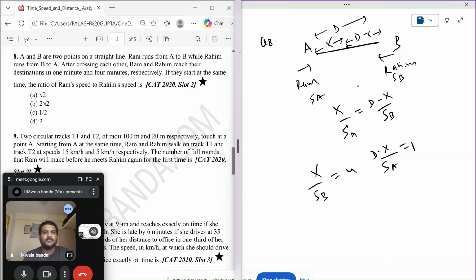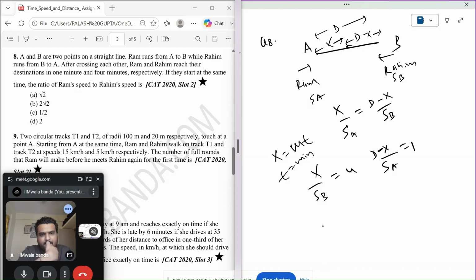Ram is covering D minus X in 1 minute. Rahim is covering X distance in 4 minutes. Speed, everything is in what? Okay, let's assume all the distance to be in meters and all the time in minutes. So speeds are also in meter per minute. Okay. It's on you because it will get cancelled. So I can assume it like that.